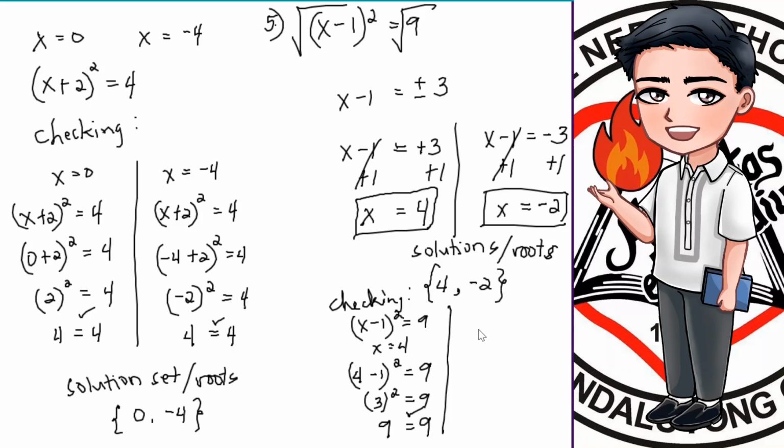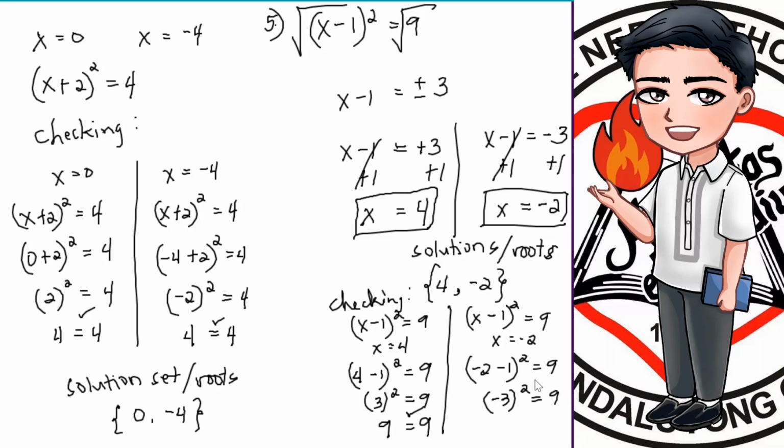How about if x is equal to negative 2? Again, (x - 1)² = 9. Is x = -2 a solution set or root of our quadratic equation? So by substitution, (-2 - 1)² = 9. Negative 2 minus 1 will give us negative 3 squared equals 9.